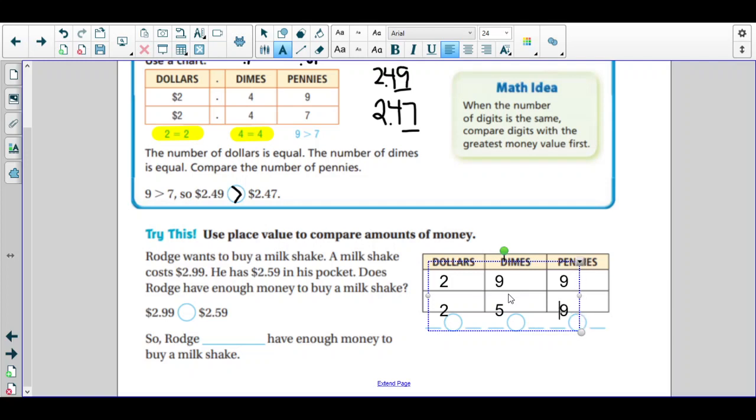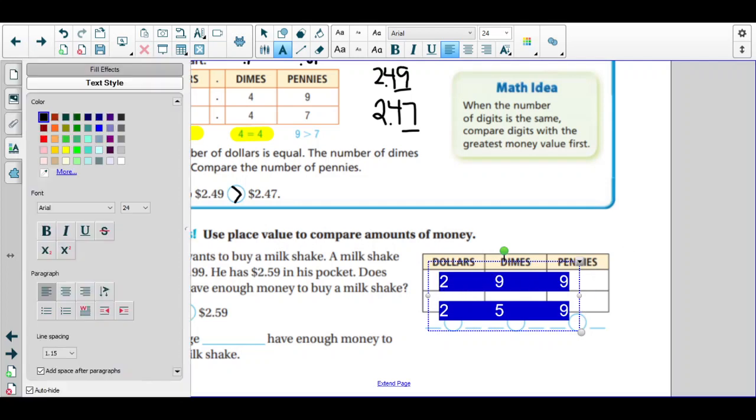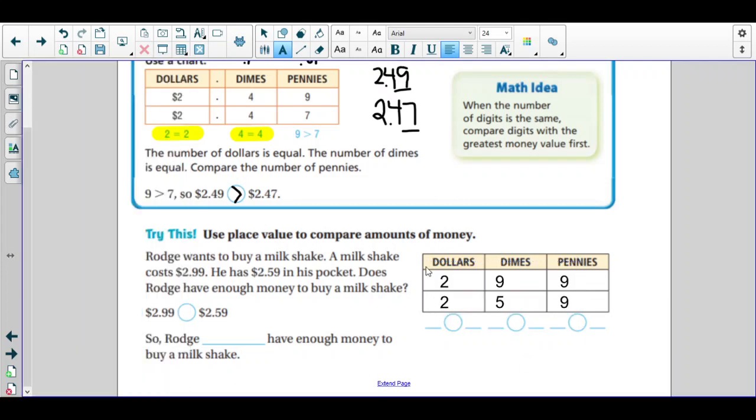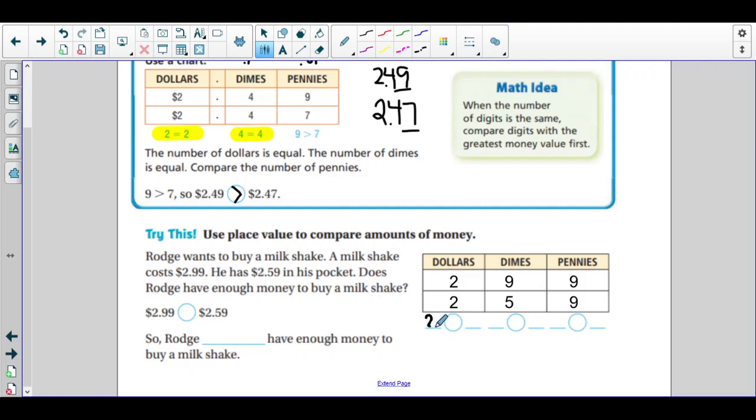All right, and remember I said we want to make sure that we're working from the largest to the smallest, or from the dollars down to the cents. So let's see if we can't get, that lines up just nicely. So what do we have? Right here we have that 2, that's equal to 2.